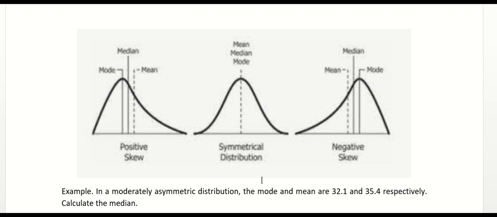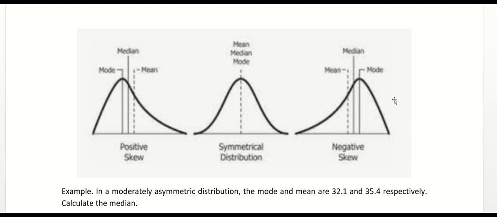So what is symmetric? Symmetric is if we divide anything from in between, the left hand side and right hand side should be same. So in this curve, you can see the left hand side and right hand side is same. So this is symmetric distribution. But it is not true for all the cases. For example, maximum number of students secured marks in this side, okay? So here you can see this curve is skewed, left hand side skewed, right?